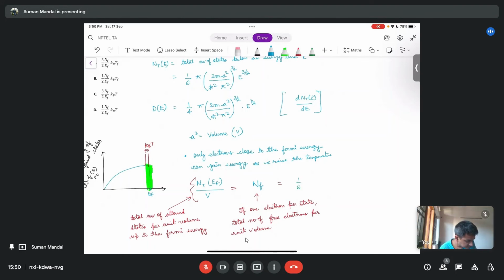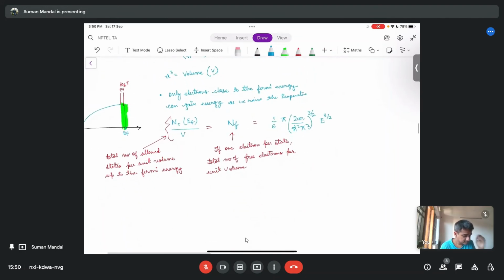1 by 6 pi squared, (2m over h cross squared) to the power 3 by 2, E to the power 3 by 2. This is the total number of electrons.